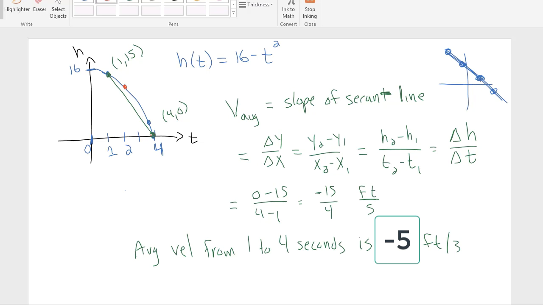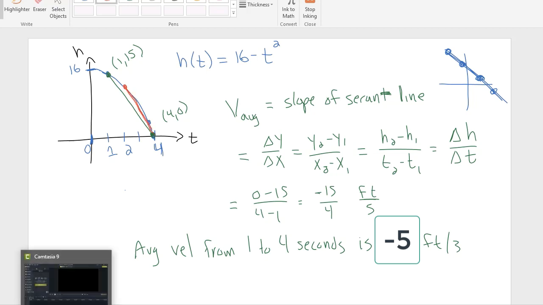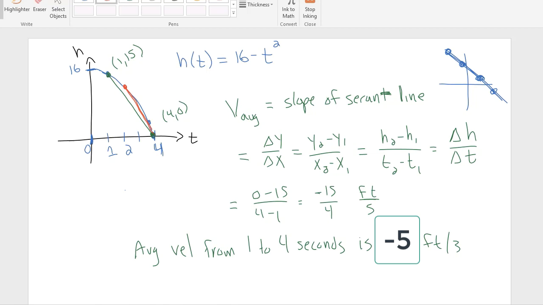If we draw a line connecting those 2 points, I'm going to do my best, we can see that that line is a little better estimate of the curve. It looks like the line hugs the curve a little bit better. So when we find the average speed over that time interval, it should be a little better estimate of the speed when it hits 4 seconds.